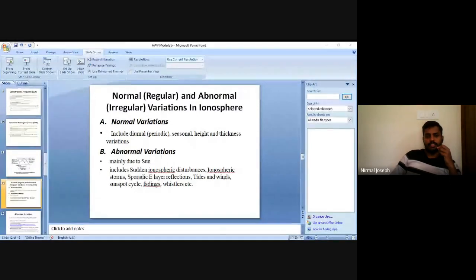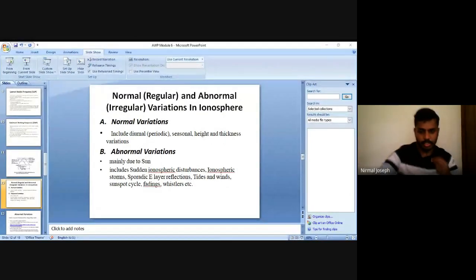So we can call these abnormalities. We expect the ionosphere to be normal, but that is not always the case. Some abnormalities will be there. We are going to see those abnormalities and how they affect our communication.